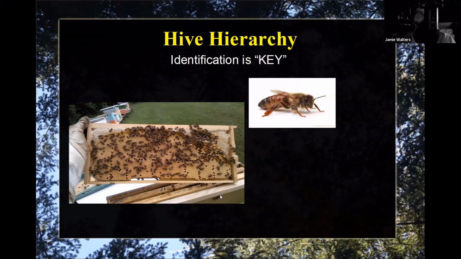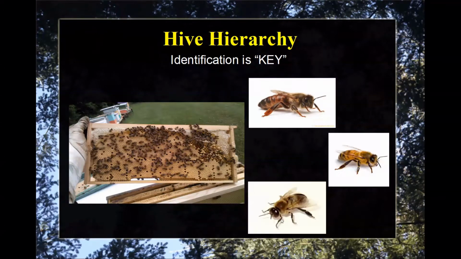The queen. You've got a worker and we're drones. Those are the three. For you guys that are going to do honey, don't worry about the drone population. But for you guys that are doing honey, your drone population is the thing that you can take the drone scraper and scrape through. You can take a toothpick or your hive tool, pick those drones out and see what your varroa load is.